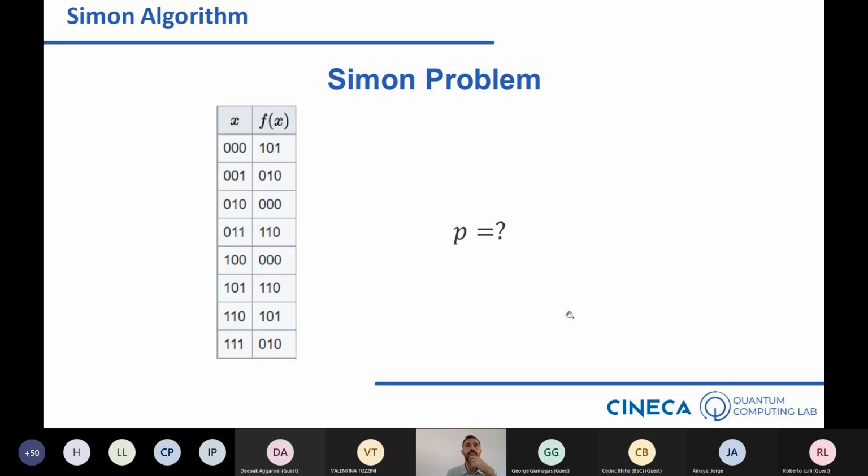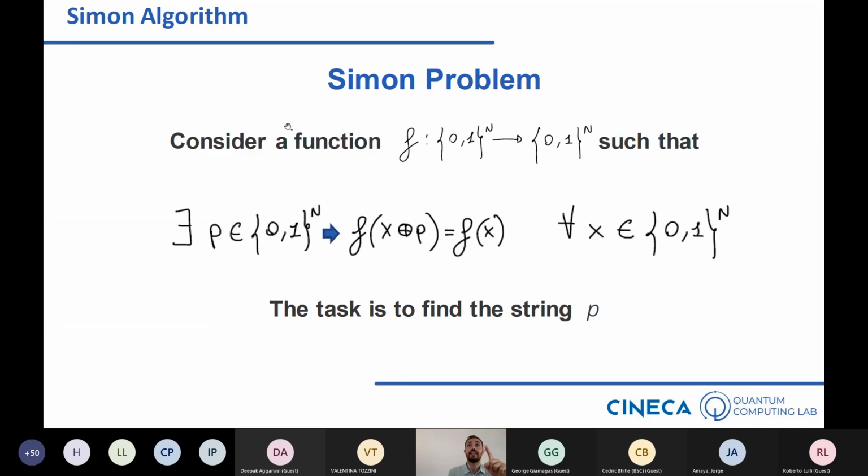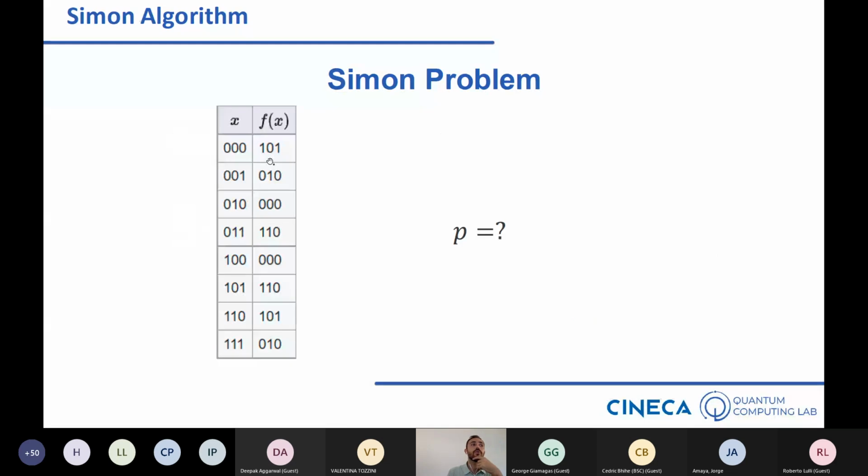Here we have an example that explains this problem better. Here we have all the possible x's and f of x of this kind. You have a few seconds to try to guess which is p.